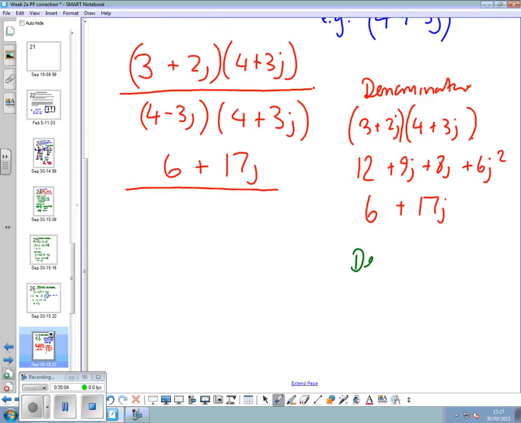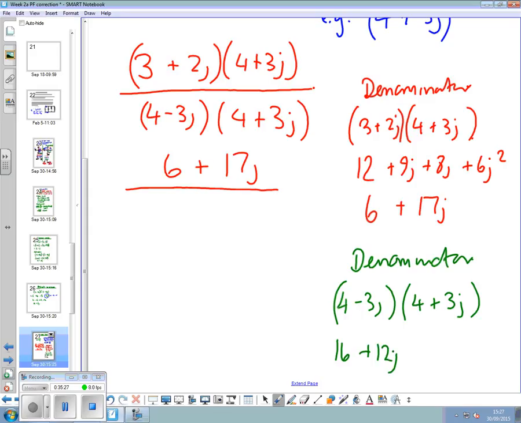Denominator, we've got (4 minus 3j) times (4 plus 3j), and this is where the trick comes in. 4 4s are 16. 4 times 3j gives a plus 12j. 4 times minus 3j is minus 12j.